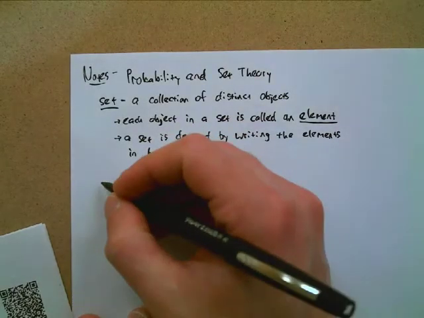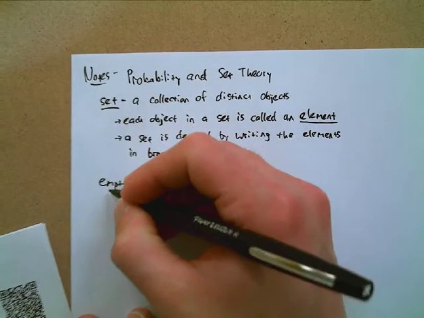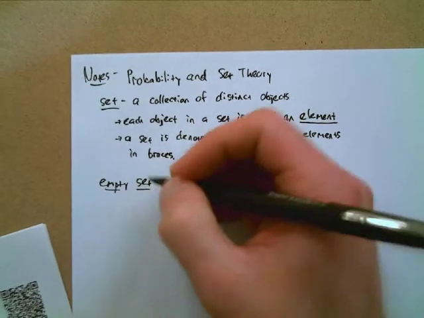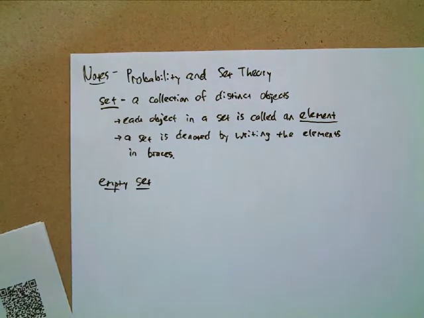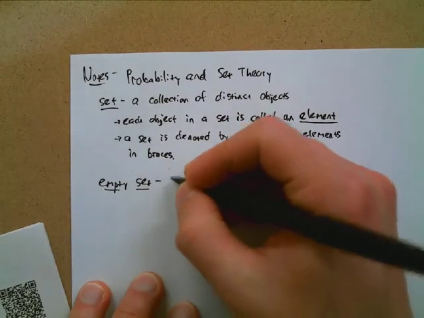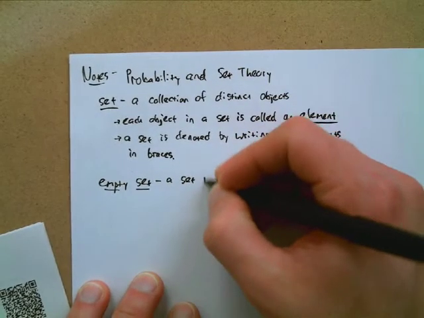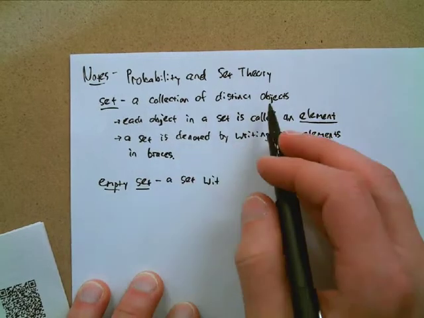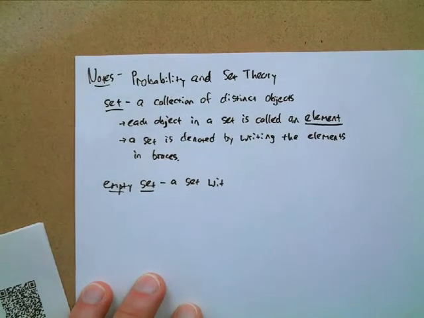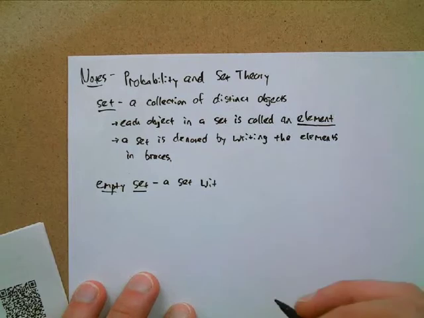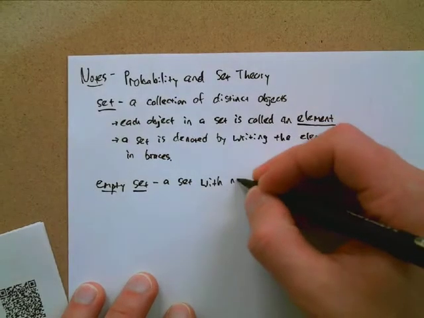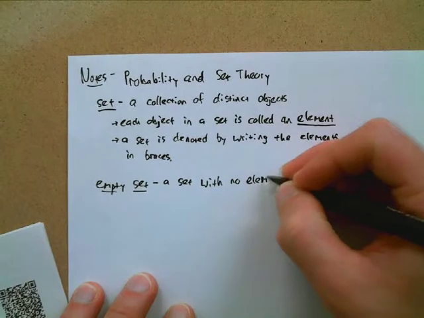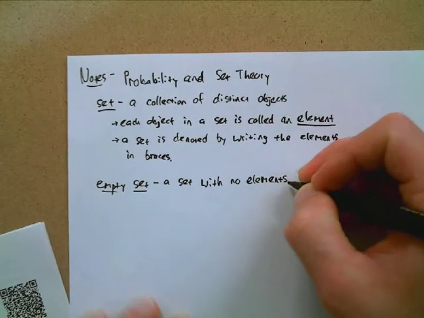The empty set. Well, why might we call something the empty set if it has no what? No elements. Yeah, exactly right. An empty set has no elements. The empty set is a set with no distinct objects, no elements.